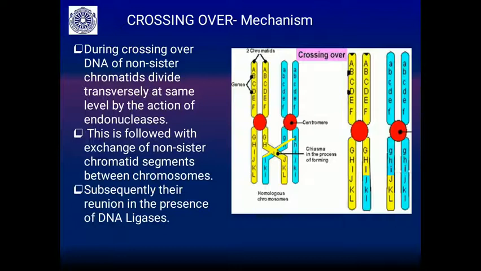After the crossing over, you see here there is an exchange of chromatid segments between the non-sister chromatids. This is the parental combination and this is a new combination you will find in the chromosome.